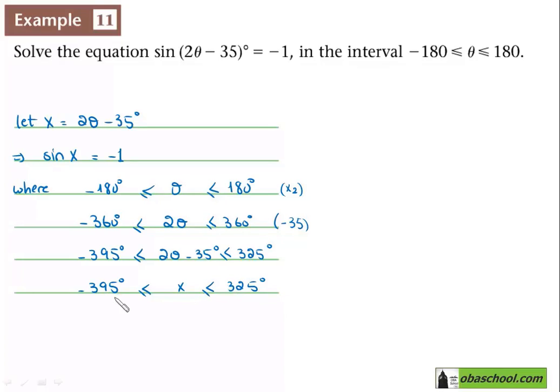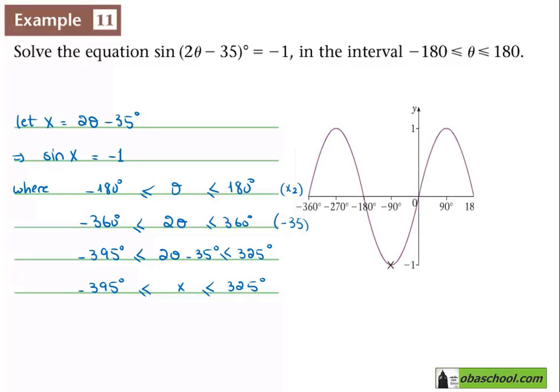Now we will solve the equation in the form of sine x equals minus 1. To solve this equation, we rely on this graph for the sine. Here the range is between minus 395 and 325. But we do not care about continuing after minus 360 because it won't reach minus 1.